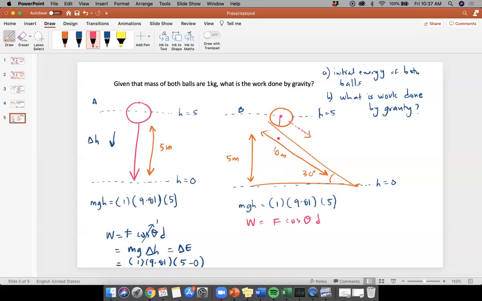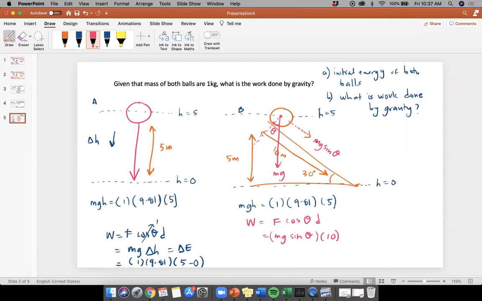So this guy is mg. The component that is parallel to my displacement on the incline, this is theta, becomes mg sine theta, times the 10.